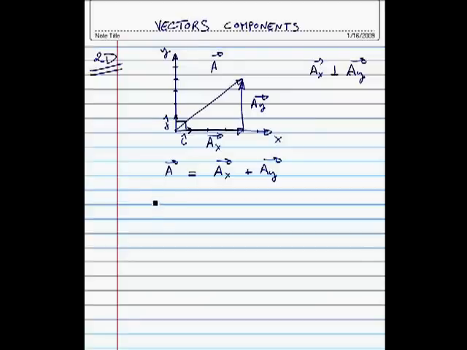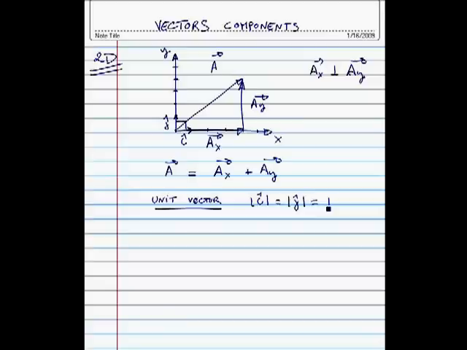So I define what we call a unit vector, a vector whose length is 1. Therefore, the length of i is equal to the length of j, which is equal to 1. I will use the convention that i is always along the x direction, and j is used in the y direction. Again, if you're doing three dimensions, you can add another one, which we usually call k, the unit vector along the z direction.